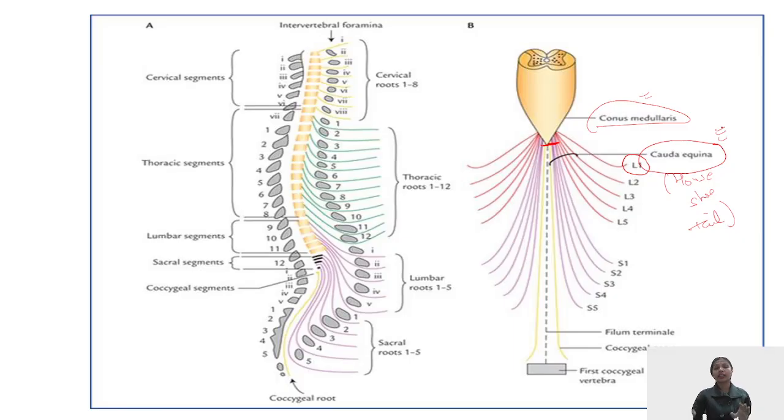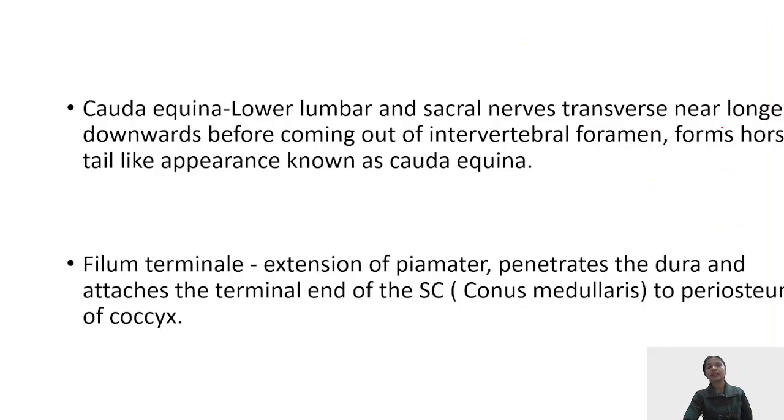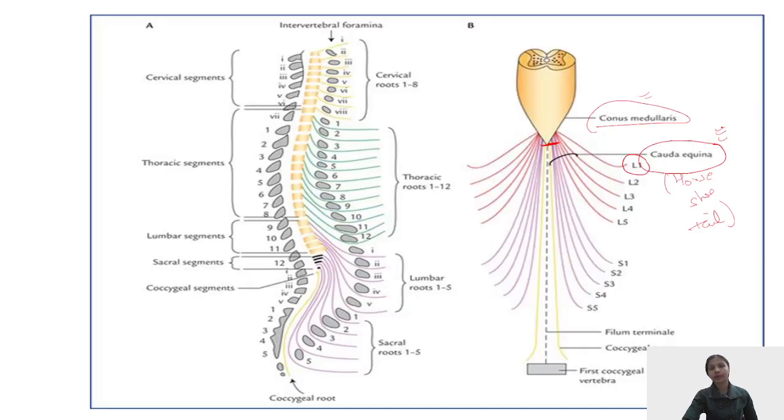What is cauda equina actually? It is nothing but the lumbar and sacral nerves which travel a little downwards and come off after coming out of the intervertebral foramen, forming a horse tail-like appearance known as the cauda equina.